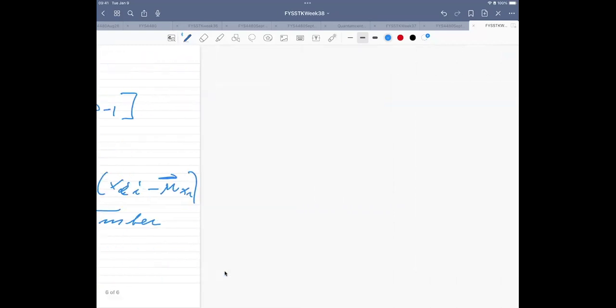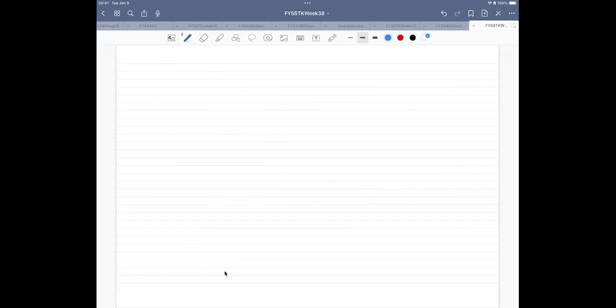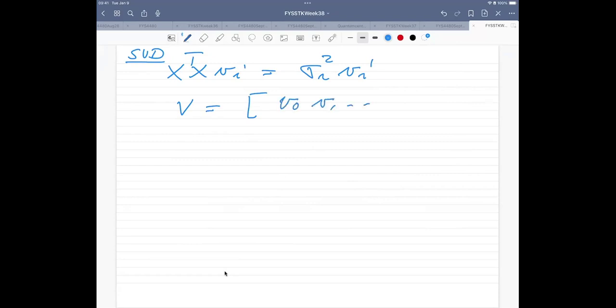Just to sneak in a reminder of what we have done: from the SVD analysis, the eigenvectors v_i of the SVD decomposed matrix are given by the singular value squared times v_i. The v_i are the orthogonal vectors of the matrix V in the singular value decomposition, where we have v_0, v_1, up to v_{p-1}.